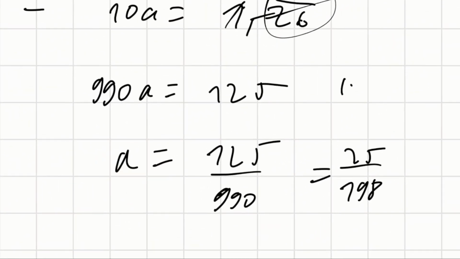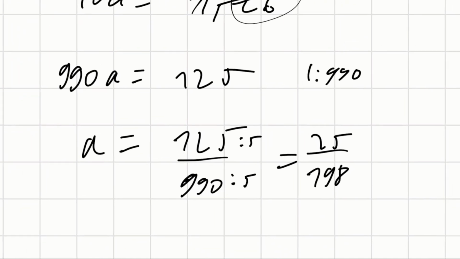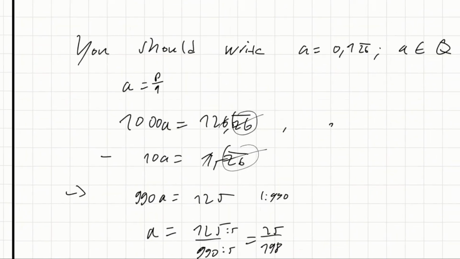Then we divide by 990, and we get 125 divided by 990. If we now divide both by 5, we get 25 divided by 198, and this is equal to this.